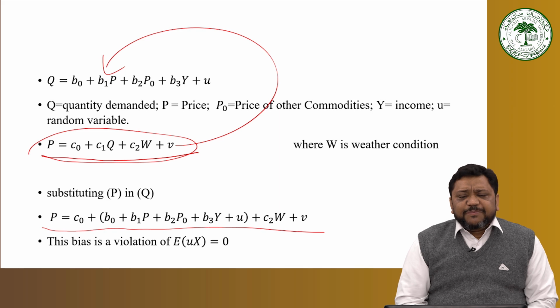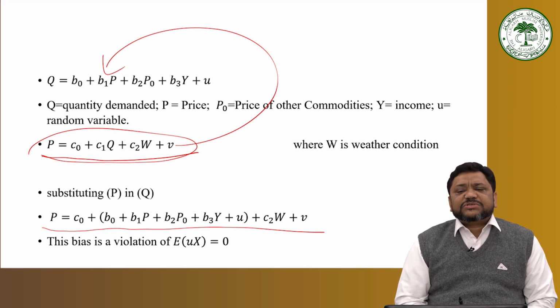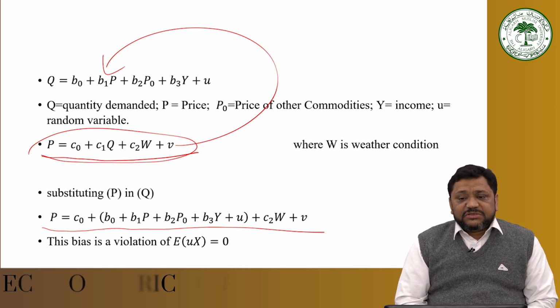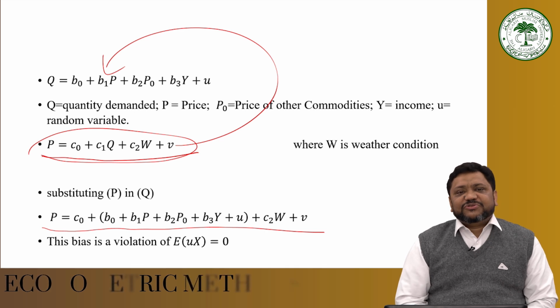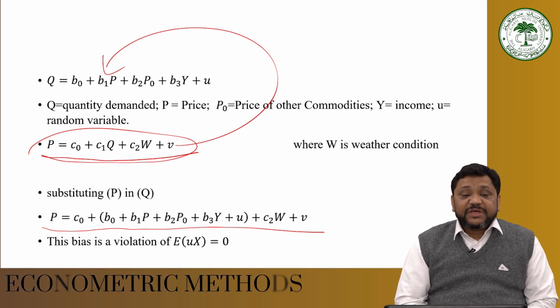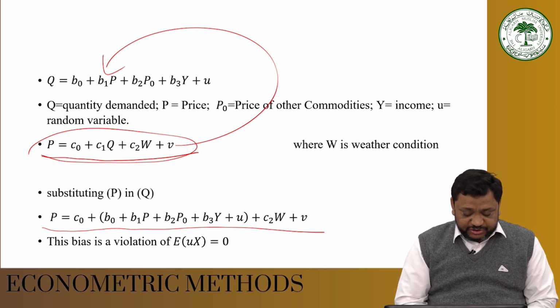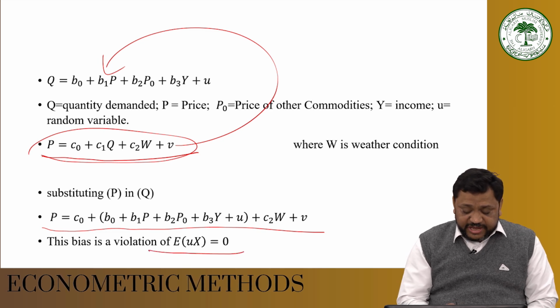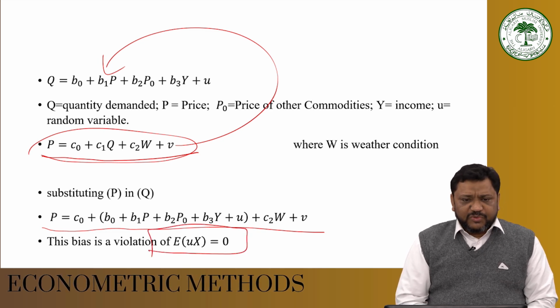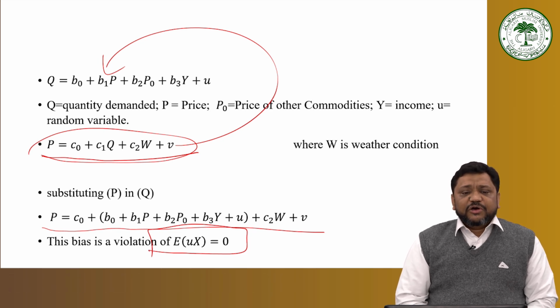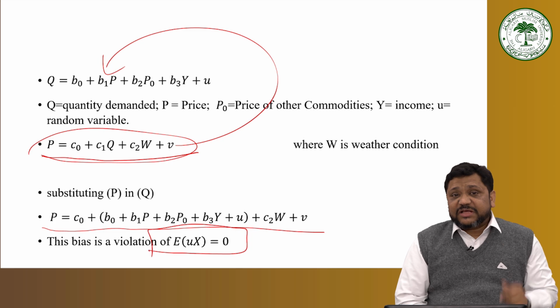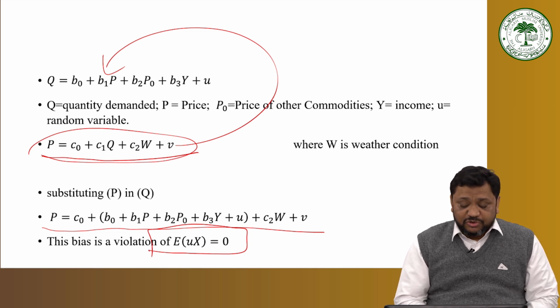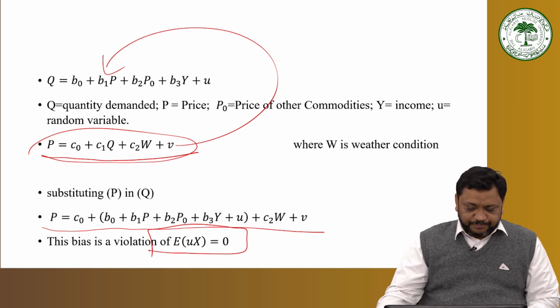Now obviously P is dependent on U, and hence it violates the assumption that U is independent of the explanatory variable. That is, P is not exogenous to the demand function. So this is a violation of the assumption that the expected value of U and X, that is the error and the explanatory term, which we have assumed in the classical linear regression model to be 0. Here it will not be 0.